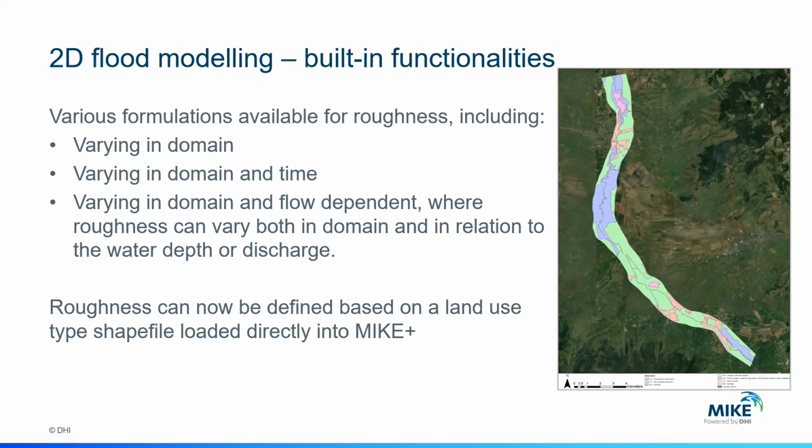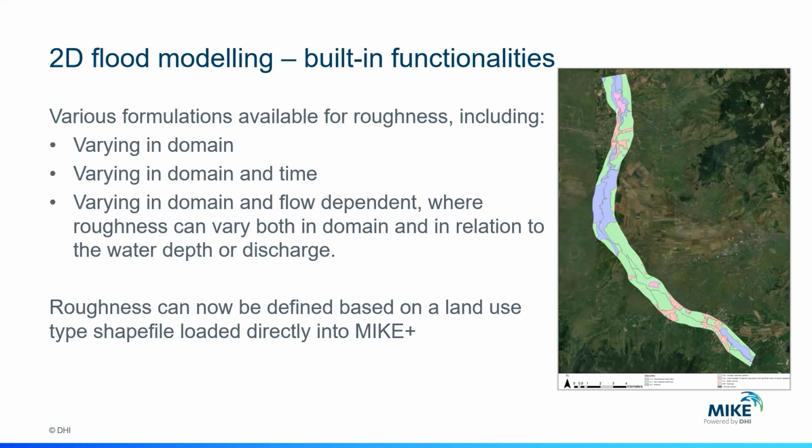Then the second option would be varying in time and domain. And this would mean that Mike Plus can account for different land use changes, for example, deforestation, or maybe changing a rural area to a more urban area, or construction of a large industrial area.